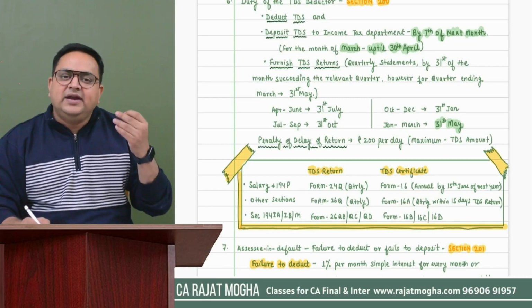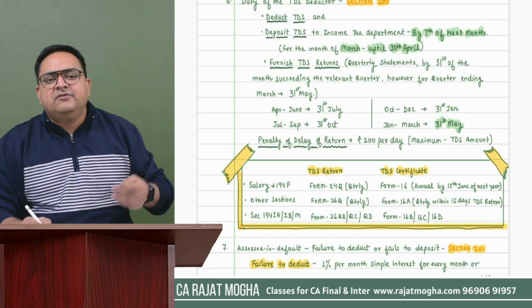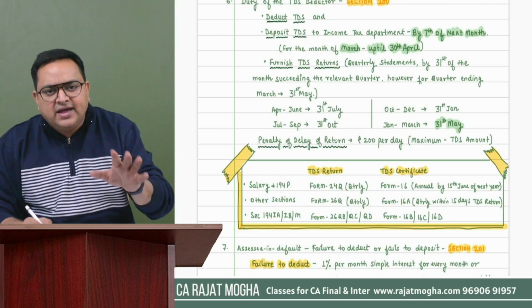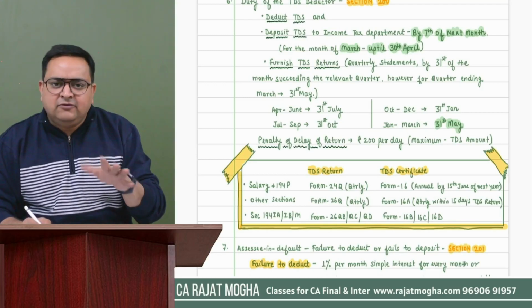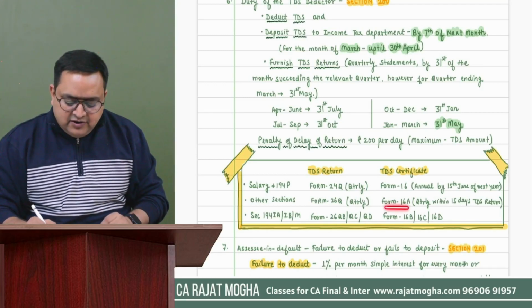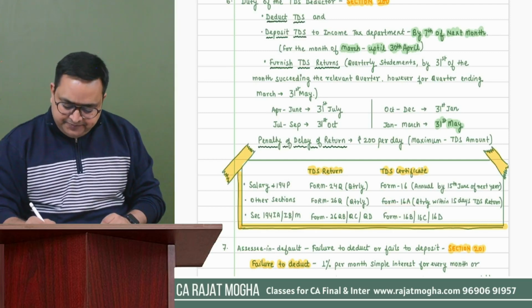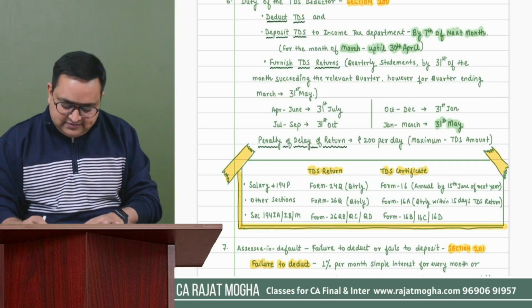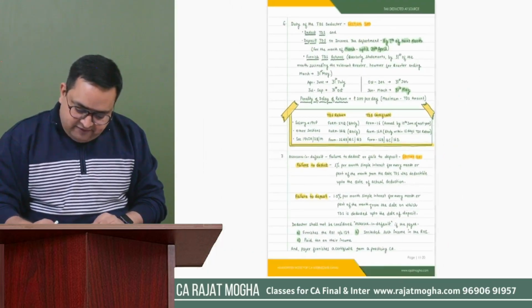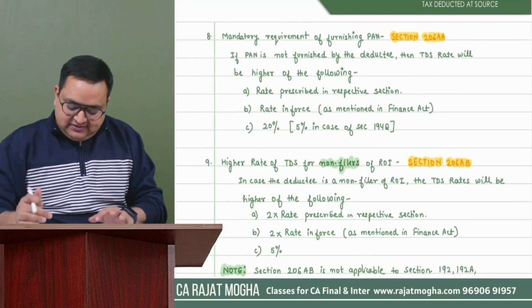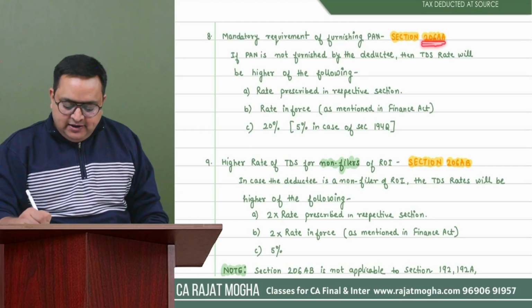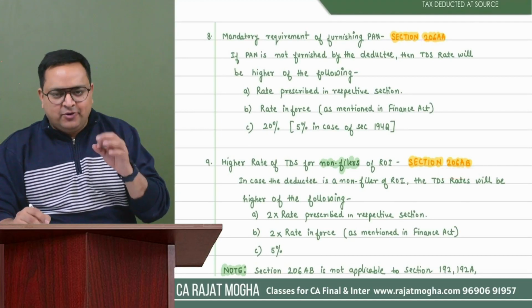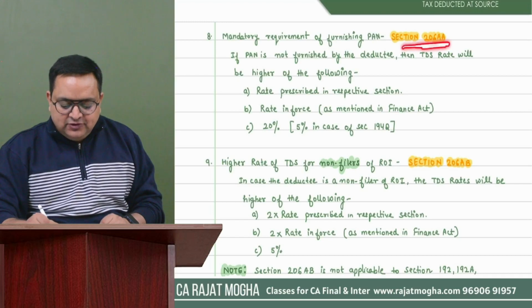If your TDS is deducted under section 193, 194IA, 194B or any of those sections, then you will get the TDS certificate on a quarterly basis. Not that important, but you can read them once. The last are sections 206AA and 206AB. These are quite important sections, although I've already discussed 206AA.